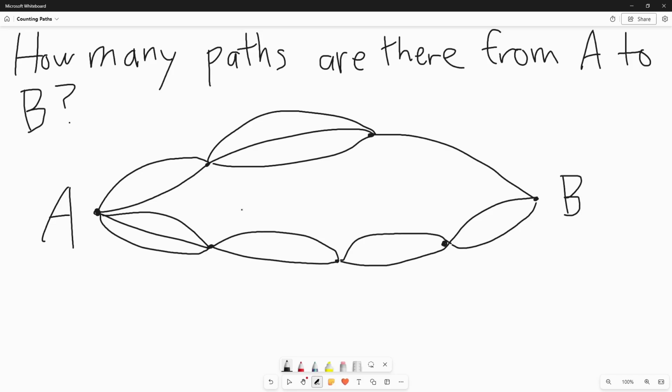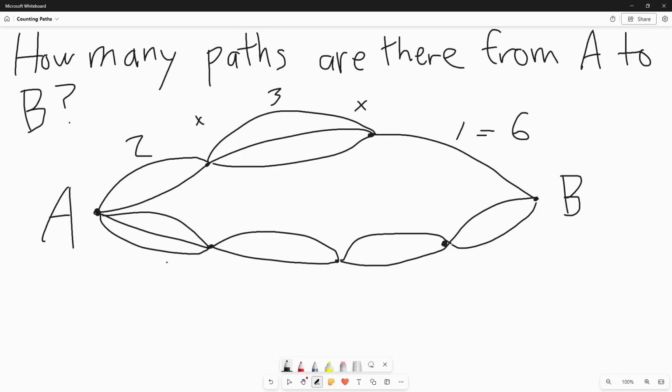So we can go from A, and there's two possible paths to the next point. So 2, and then 3 from that point to the next, and then just 1 from that one to B. So the top is 2 times 3 times 1, which is just equal to 6. And now let's do the bottom.